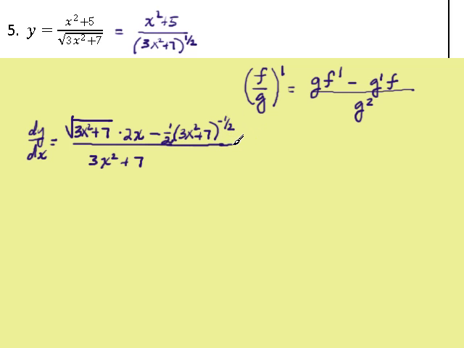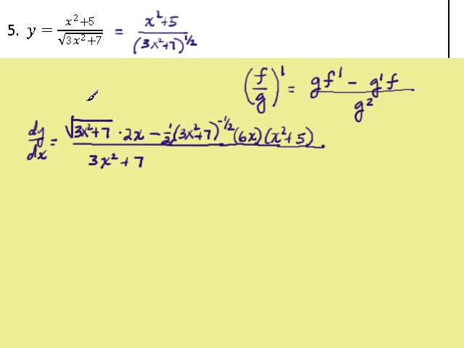And now continue with the chain rule, we're just finding g prime. Derivative of 3x squared plus 7 is 6x. So that's all g prime, and now we have to multiply by f, the numerator, multiply by x squared plus 5, keep it in parentheses. Okay, and that's it, and we're done.